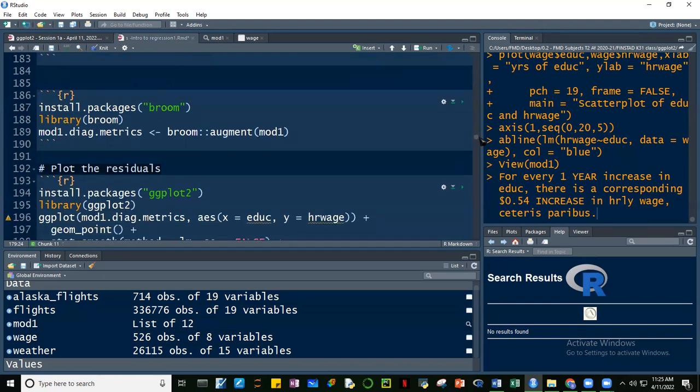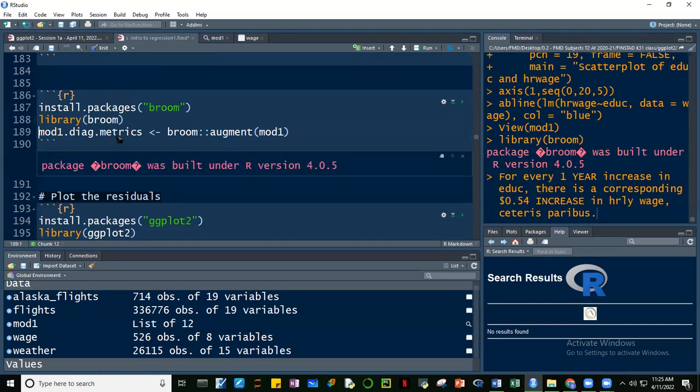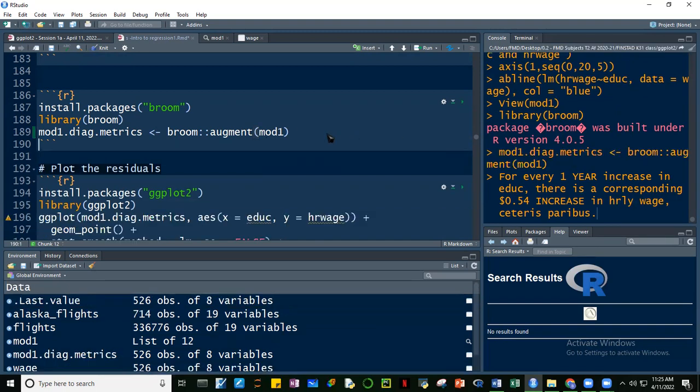But there's a package, broom, and we can generate this. We can use the broom package and use the augment function. So let me source this out. Let me load this, and then I'm going to create here mod 1 diagnostics.metrics and see what this generates.